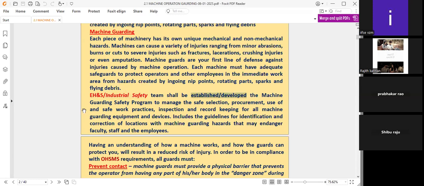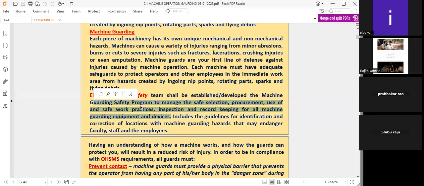The machine guarding safety program manages the safe selection, procurement, and use of safe work practices, inspections, and record keeping for all the machine guard equipment and devices. So the team should establish and develop the machine guard safety program.